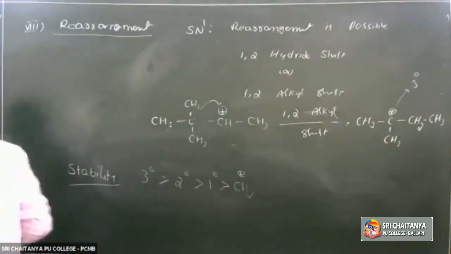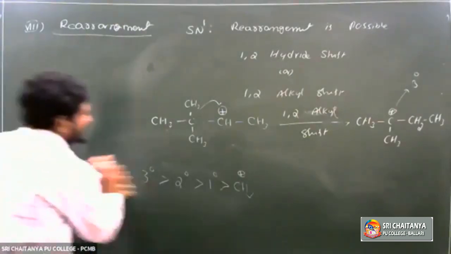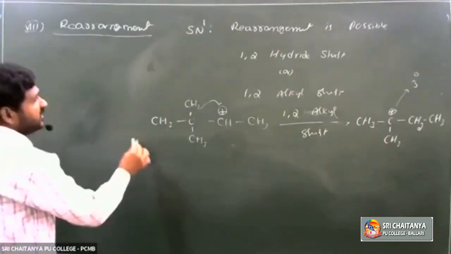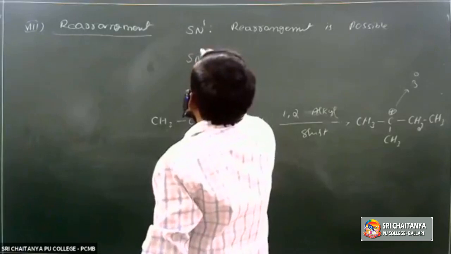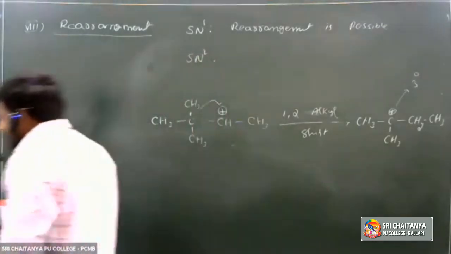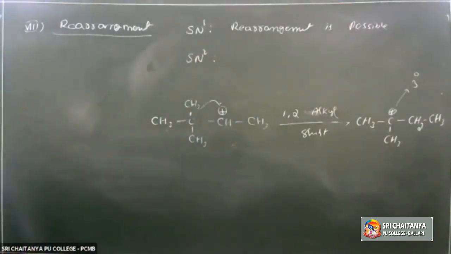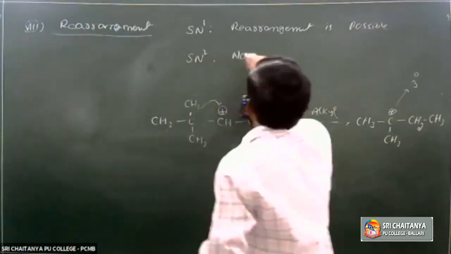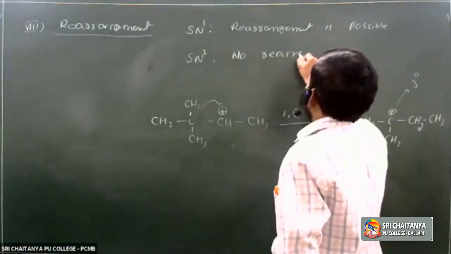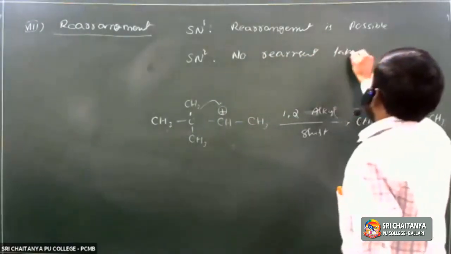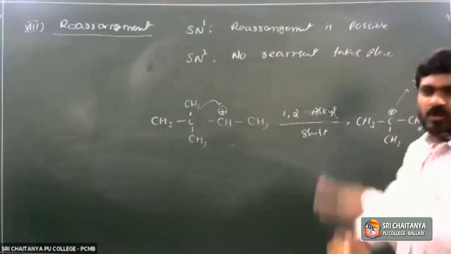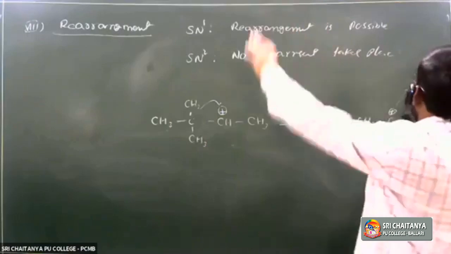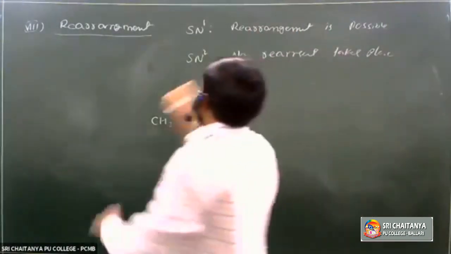The next one, in the case of the SN2 mechanism, rearrangement is not possible. No rearrangement takes place, because the reaction takes place in only a single step, with no formation of a carbocation.